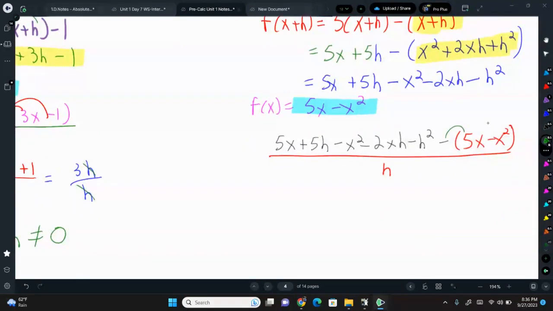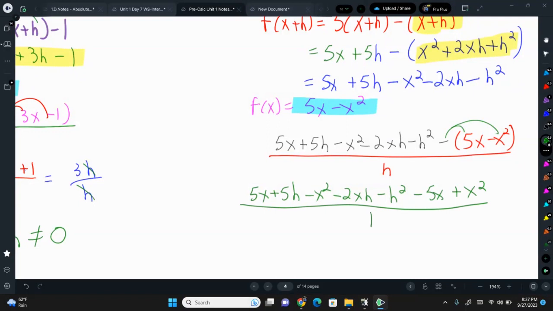Then we distribute the negative sign, and when you do these problems, yes, you're going to have a lot of different terms, but what you're going to find is that a lot of them will cancel out and make life a little bit easier.